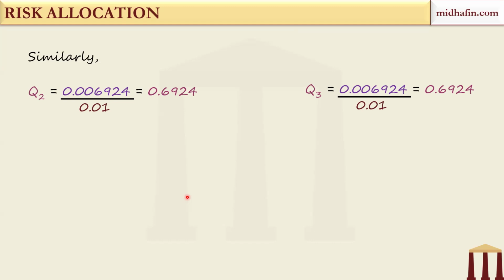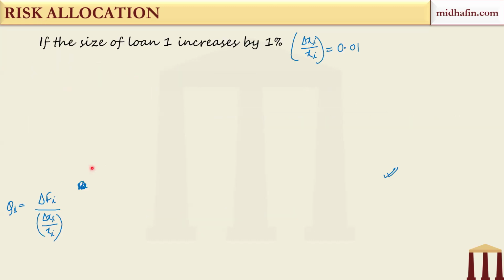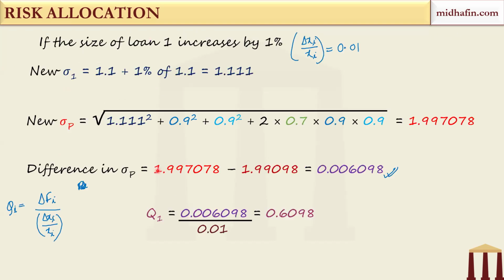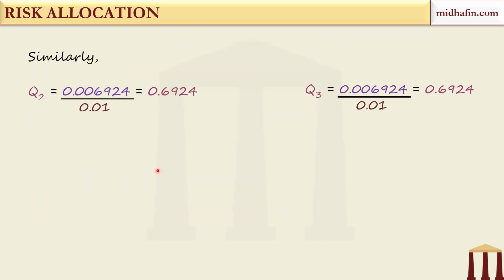I mean, the value of sigma 2 and sigma 3 was same, right? So Q2 is also 0.6924, Q3 is also 0.6924 because sigma 2 was equal to sigma 3. If you remember the question, both are same.